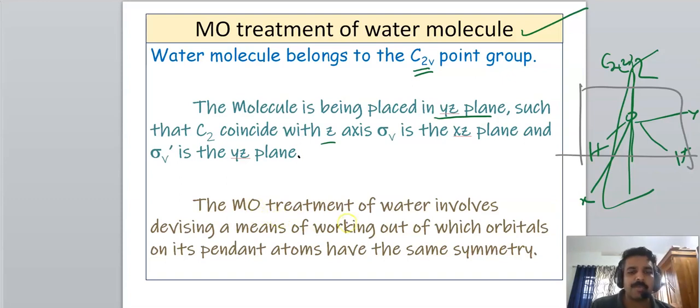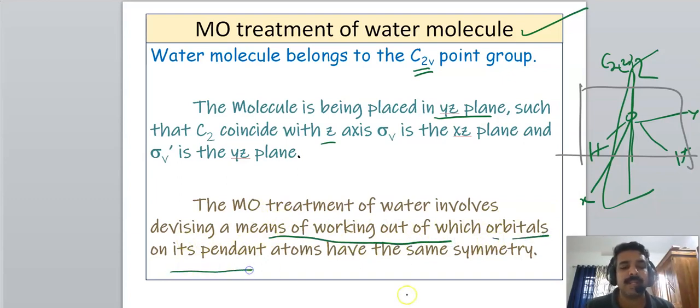Then the molecular orbital treatment of water involves devising a means of working out which orbitals of its pendant atoms have the same symmetry. We know that molecular orbitals are formed by the linear combination of atomic orbitals, combining atomic orbitals of the central atom and the pendant atoms.